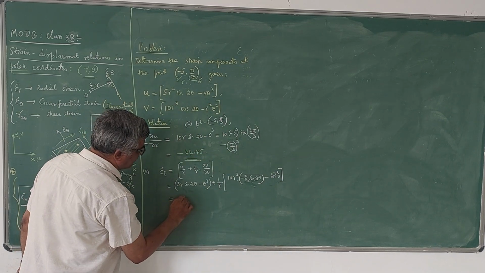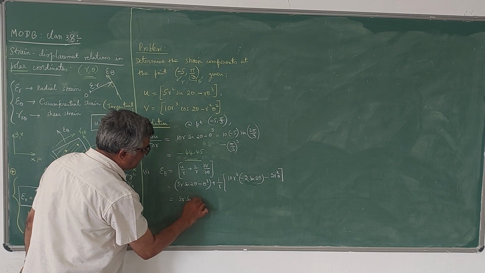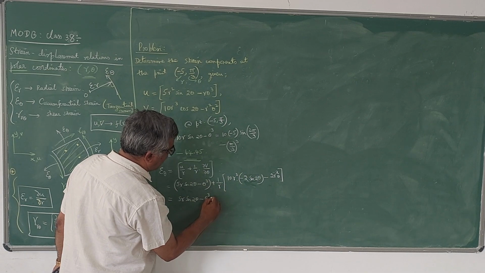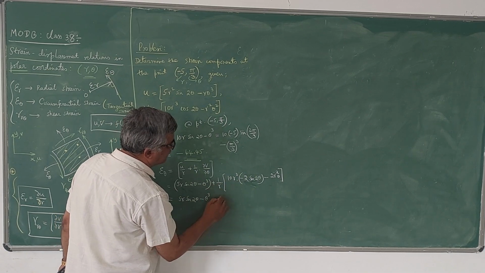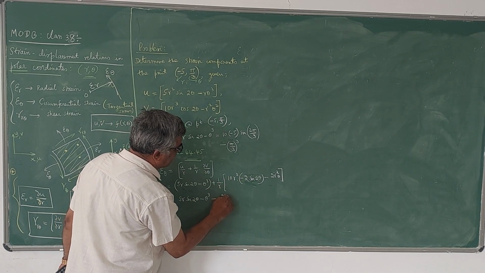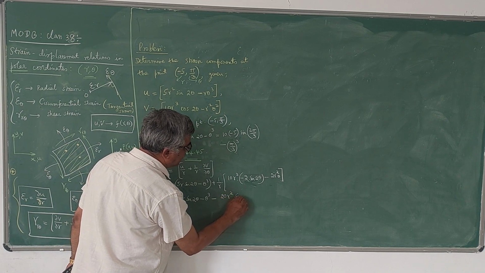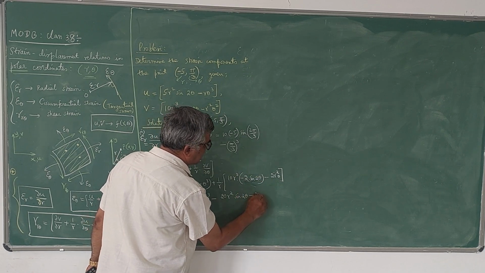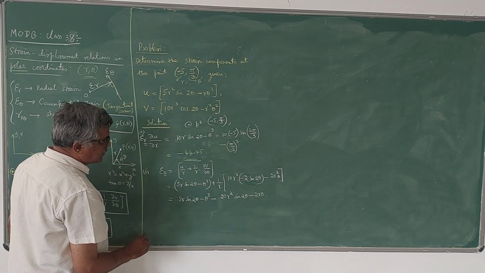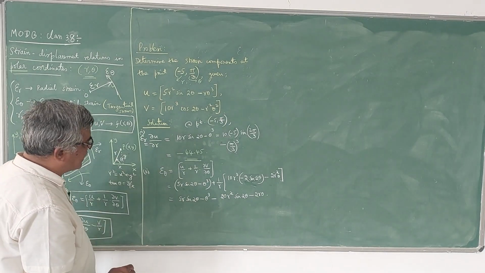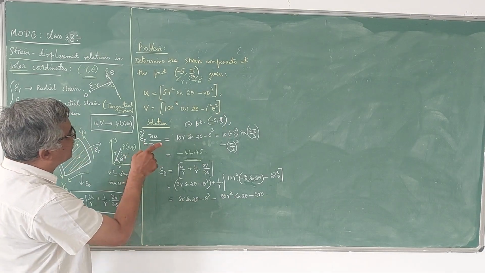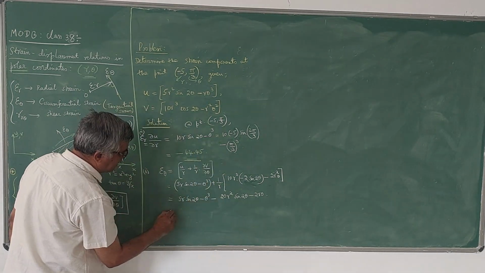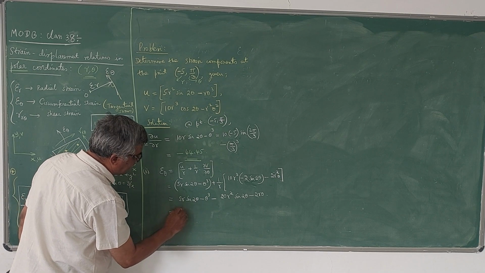So if you simplify this, 5r sin 2 theta minus theta cube. Then I have to divide this entire thing by r. If you divide that, plus into minus is minus, this becomes minus 20 r square sin 2 theta, and this becomes minus 2r theta, as r will get cancelled. So this is what you are going to get. Now put the value of r as minus 5 and theta as pi by 3 here, and keep the calculator in the radian mode.